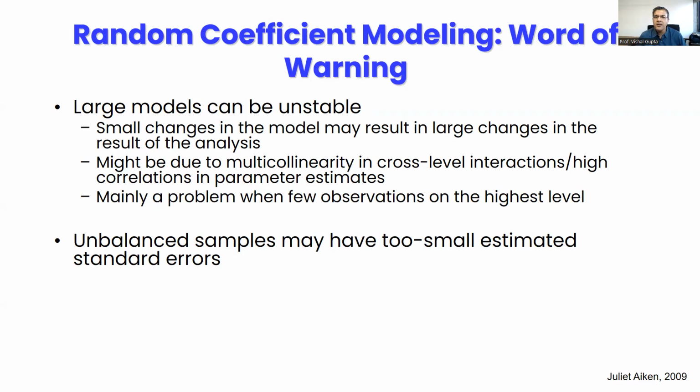So minor variations may be okay, but too much unbalanced data may create some problems as well. So these are just some warnings. Just keep that in mind, and you can always test it, iterate, run, and see what's going on.